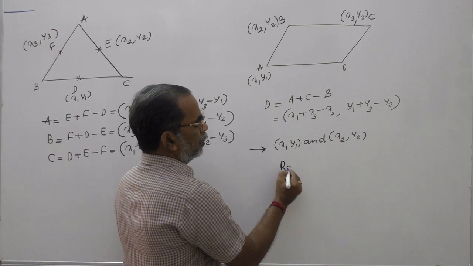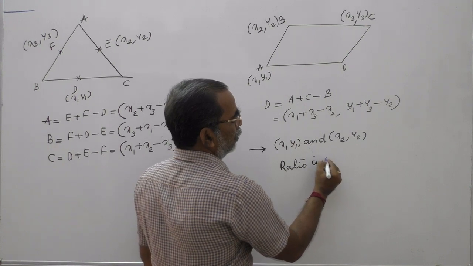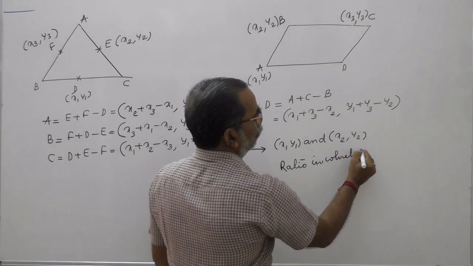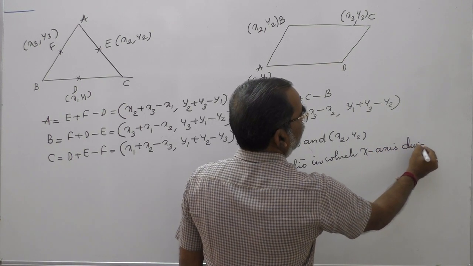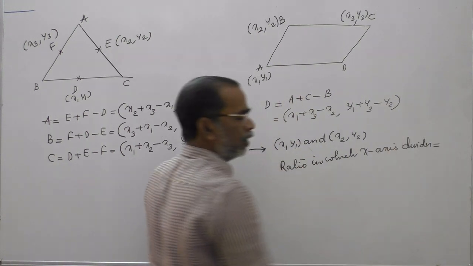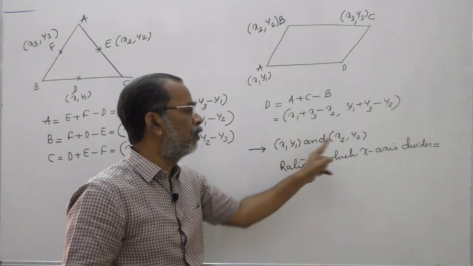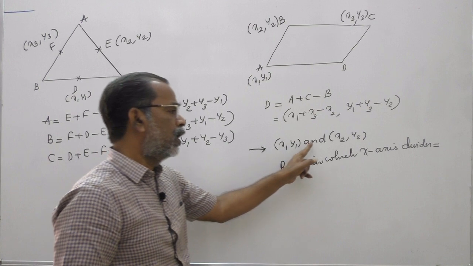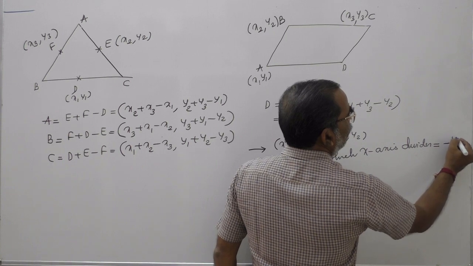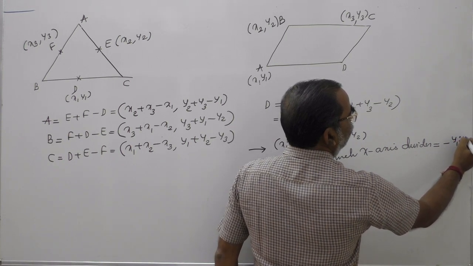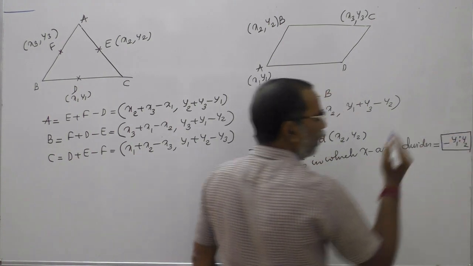The ratio in which the x-axis divides this line segment joining (x1, y1) and (x2, y2): to calculate this ratio, the formula is minus y1 is to y2.